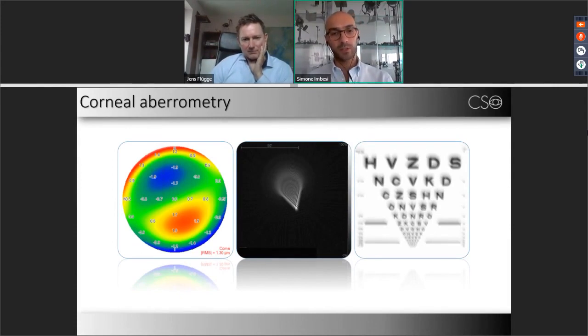This is the last aberration that I would like to talk about. It is the coma aberration. It is an aberration that occurs in the eye mainly when we are in front of keratoconus, and takes the name from the shape of the PSF, which is a shape that reminds of a comet, and so from this, the name coma.